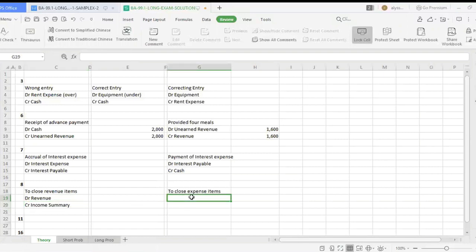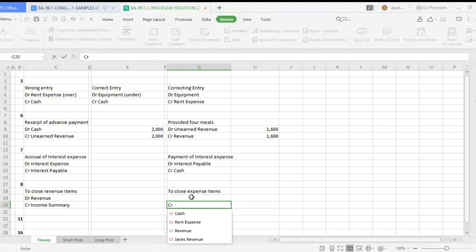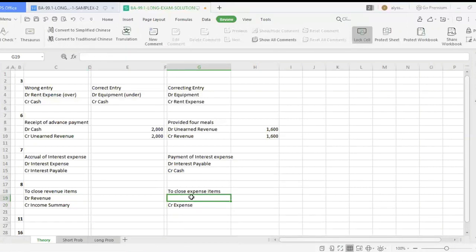On the other hand, the expense items usually have a normal debit balance. So you credit expense, and then debit income summary. We close these items since they are only temporary accounts.